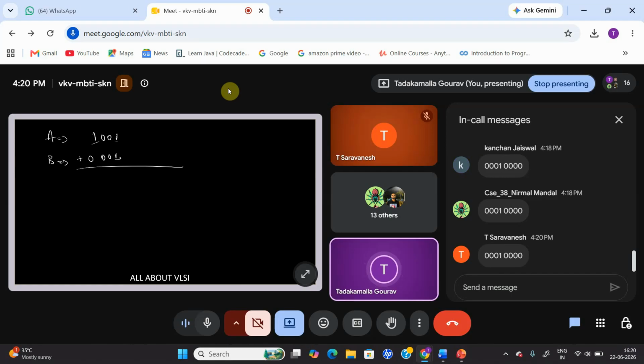Let's say I have only 4 bits to represent my BCD number. So what is my final answer here? Is it invalid, or is it 1010? Sum is equal to 0, carry C is equal to 1.